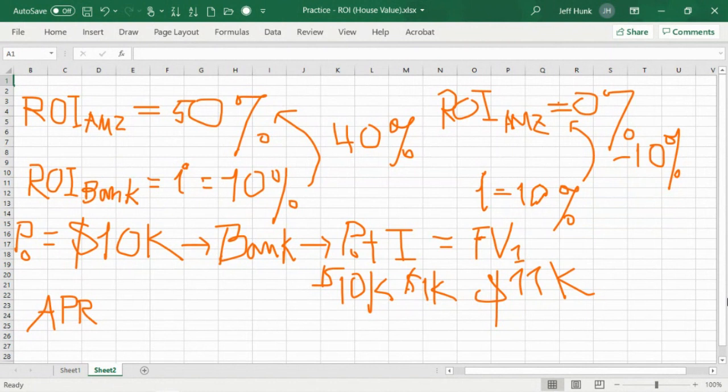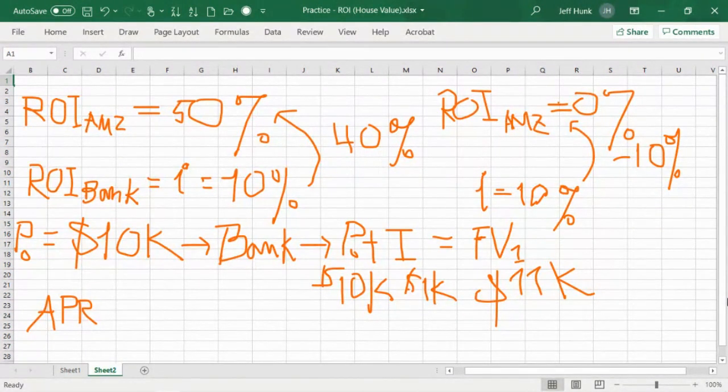Then how much is the bank making? 2.9%. So what is this called? It's called spread. The difference between the borrowing rate and the lending rate is called the spread. That's the main source of the bank's income.